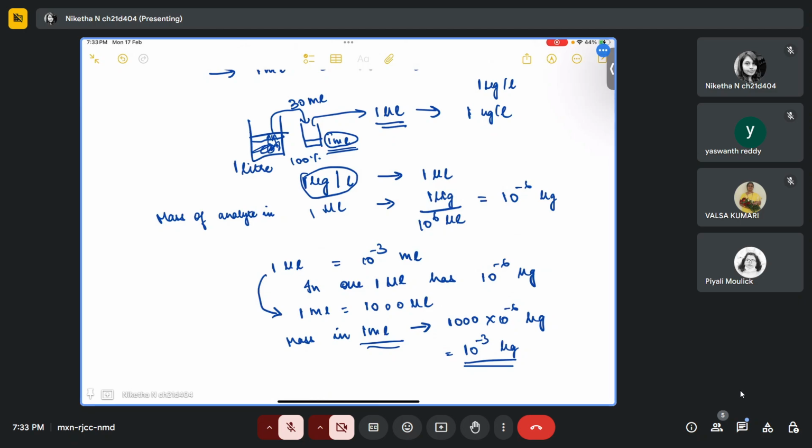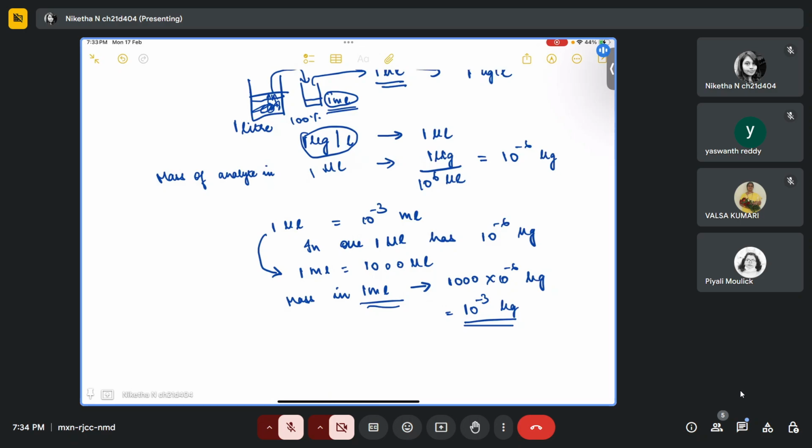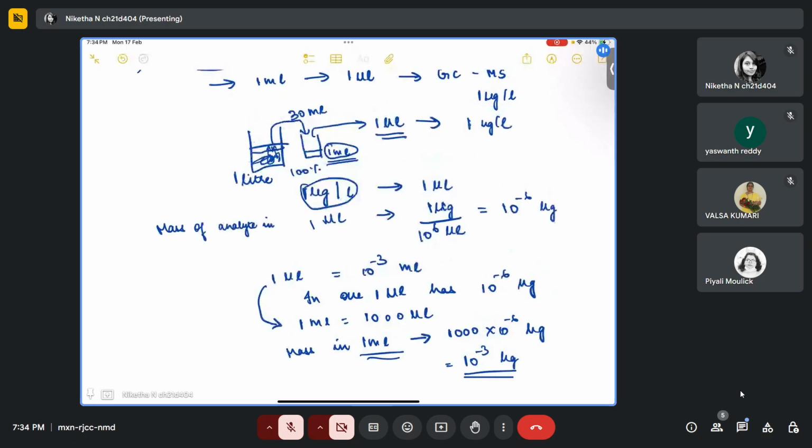Is it clear? So initially this 10 power minus 3 microgram was only present in 1 liter, which was further concentrated to 1 ml by adding 30 ml of solvent and then evaporating that solvent. Then from 1 ml of that substance, we have taken 1 microliter for analysis, from where we got the concentration as 1 microgram per liter.